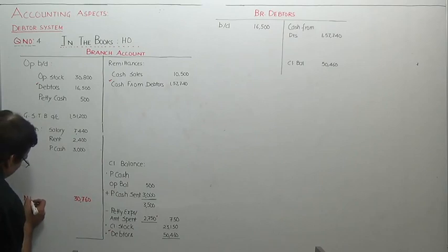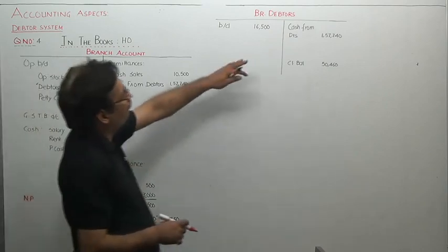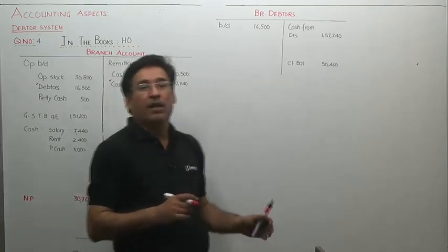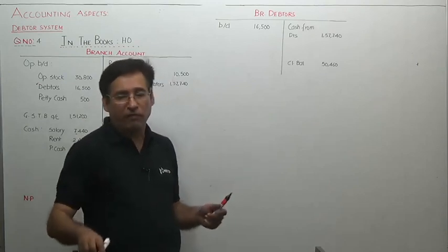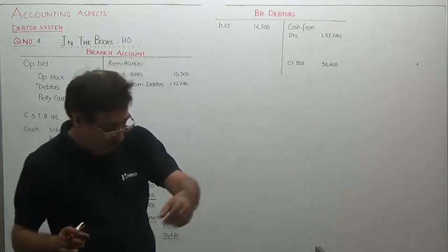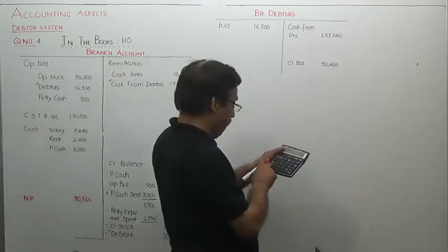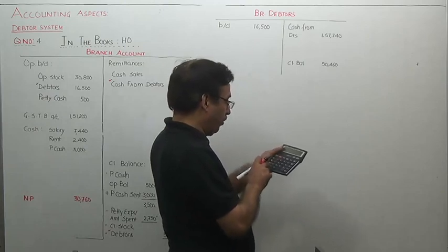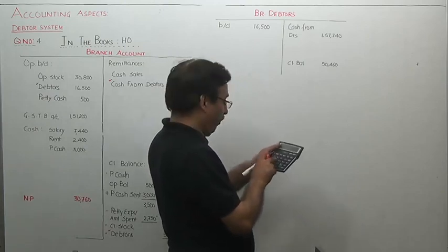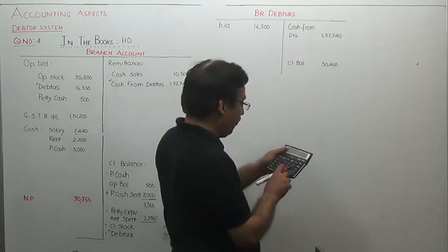However, if you want to tally the branch debtors account, you can do so, but this time the figure which you get will not be written anywhere else because there is no missing figure in this case. Suppose I tally this account, what figure am I going to get? 157,740 plus 50,460 minus 16,500.